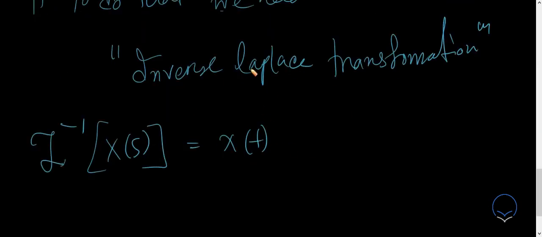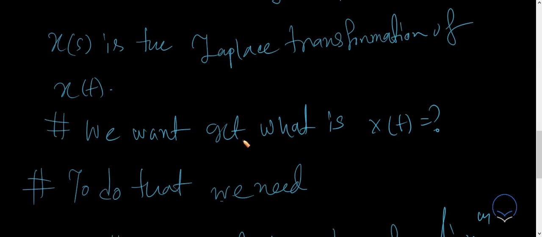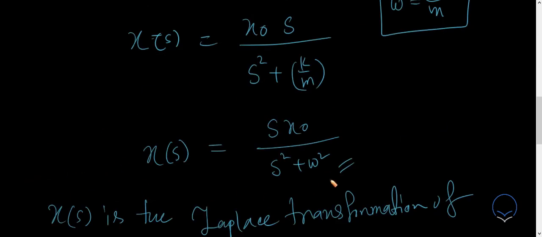So as I was saying, I'm just going to show you the result, but you will learn how to calculate the inverse Laplace transformation given any function, and you will learn it in the next videos. That means the next 2 or 3 videos that will come. So our X of s was this guy.